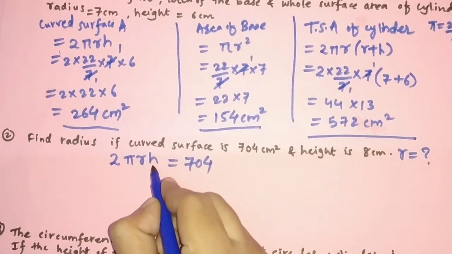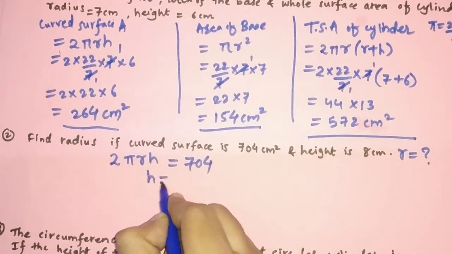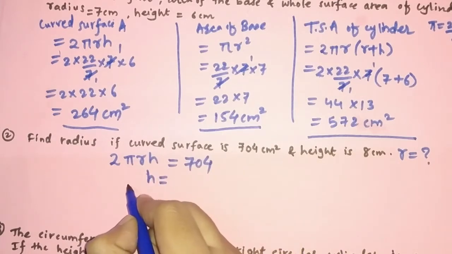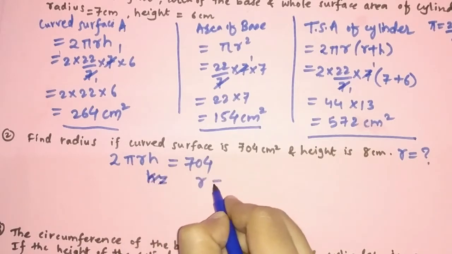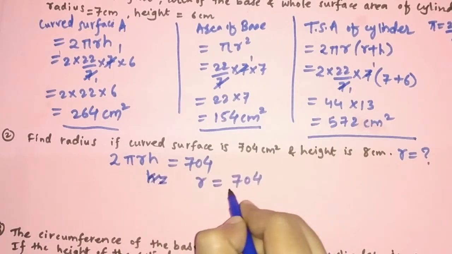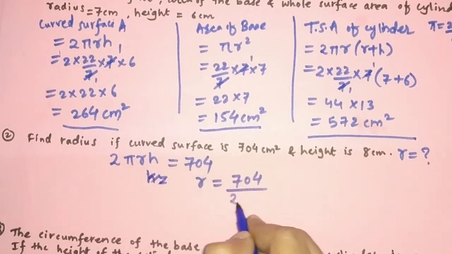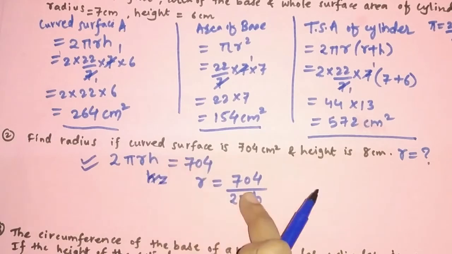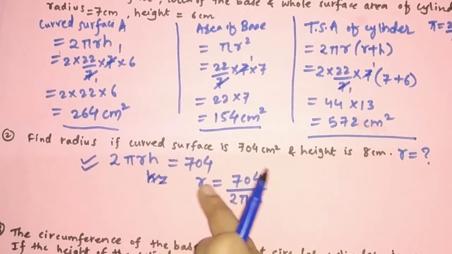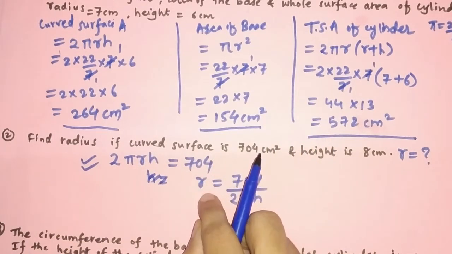Height is already given. We want to find out r. So radius is equal to 704 divided by 2 pi h. Friends, this formula I have altered here, meaning I have written it in the format to find out radius.